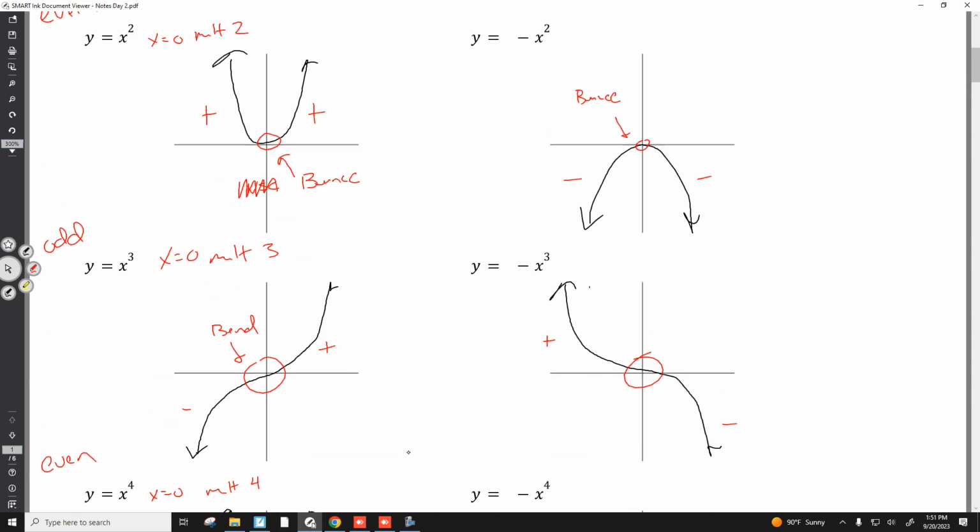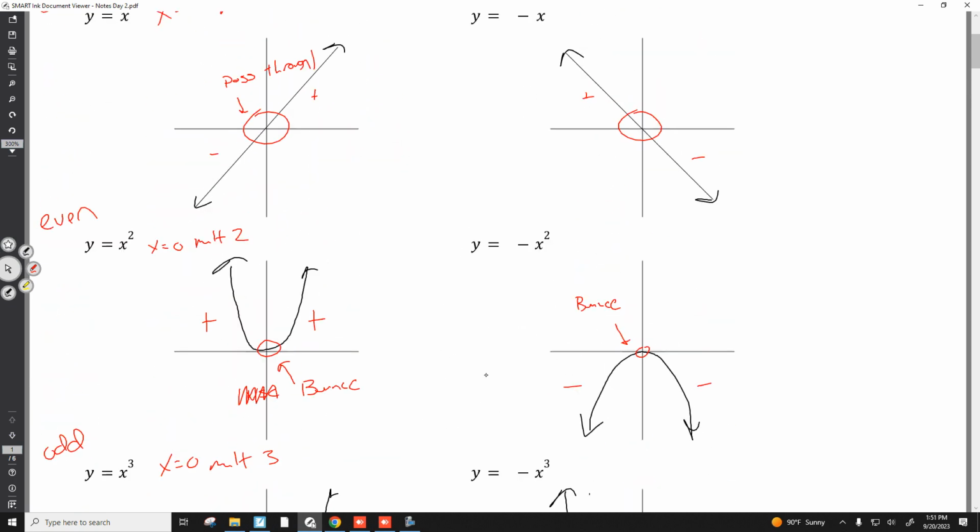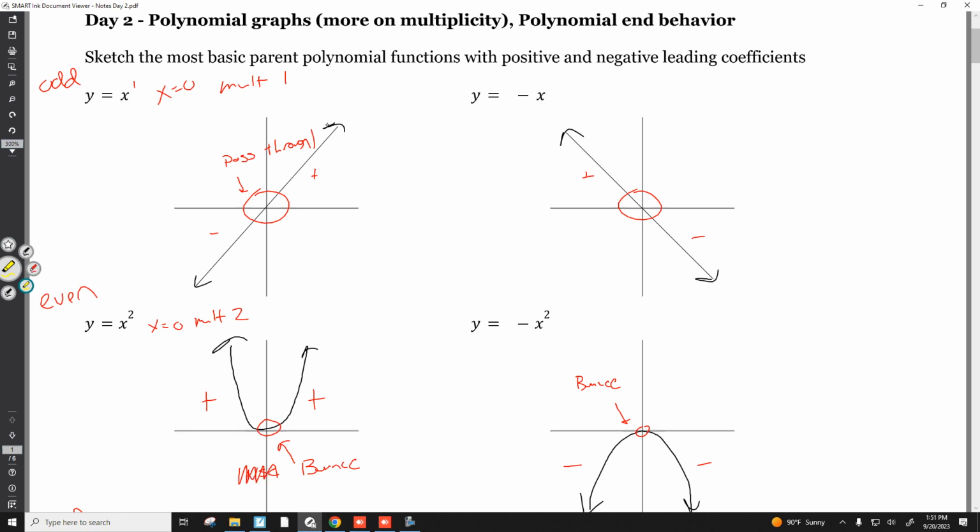Just by knowing these 4 graphs, we can also pay attention to the ends. Look at y equals x. It is an odd degree, an odd power.